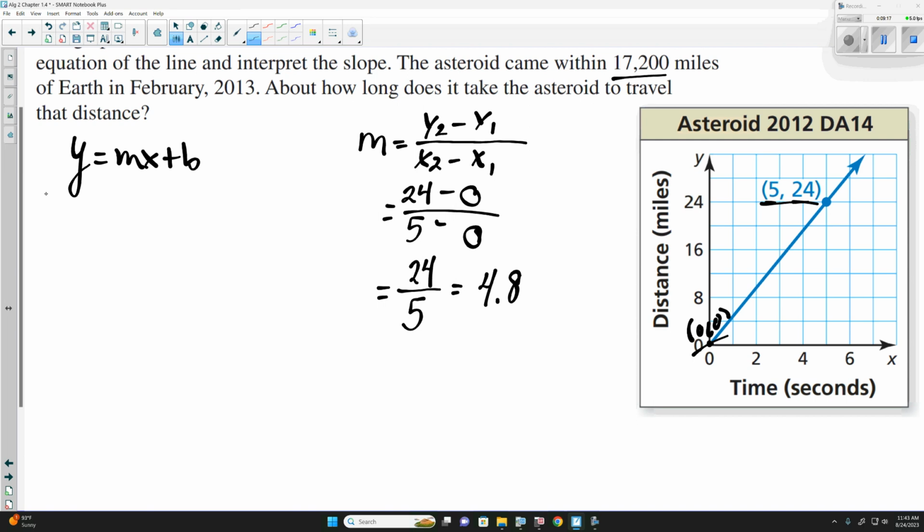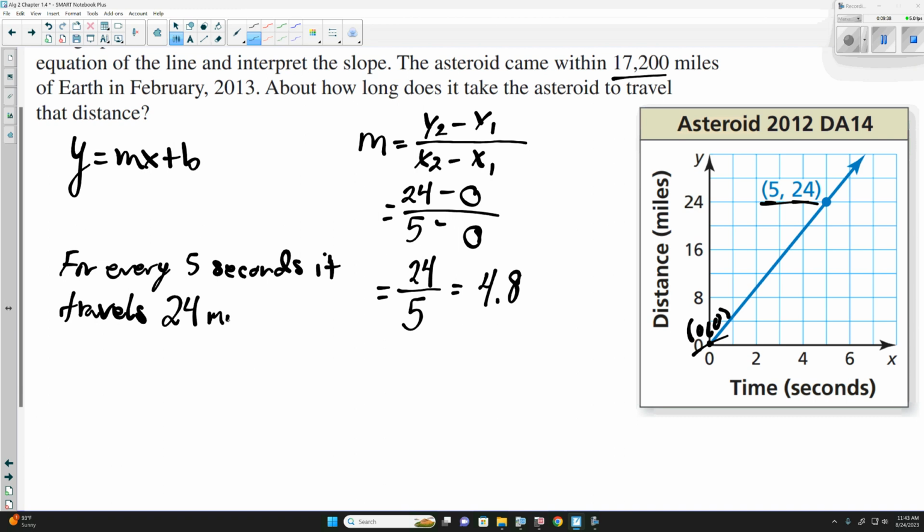Because the 24 over 5 tells us for every 5 seconds, it travels how far? 24 miles.